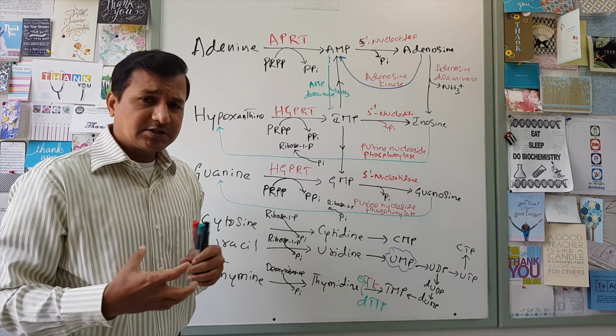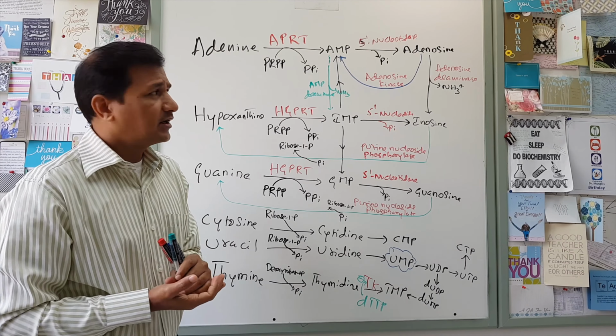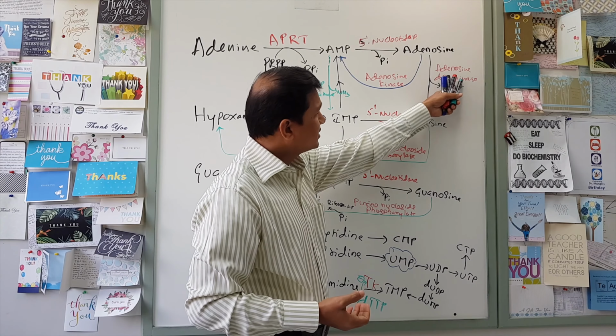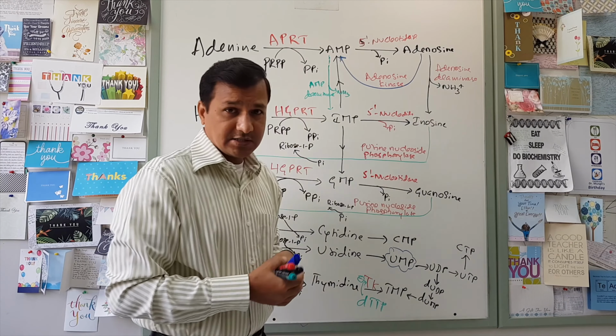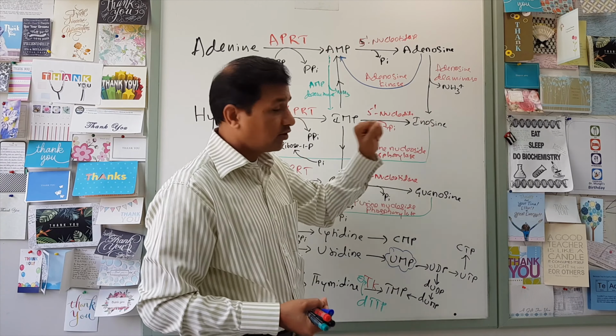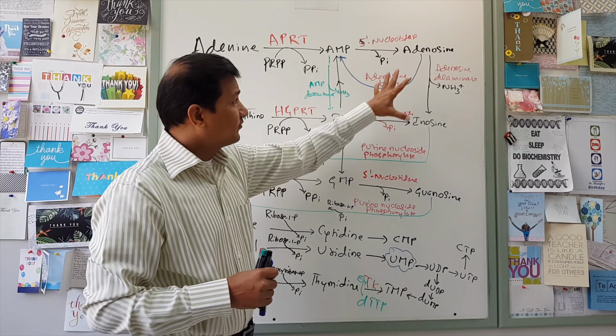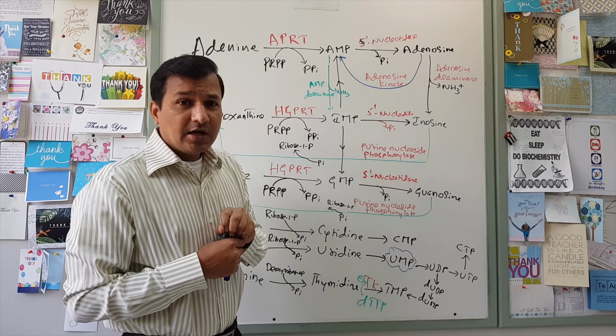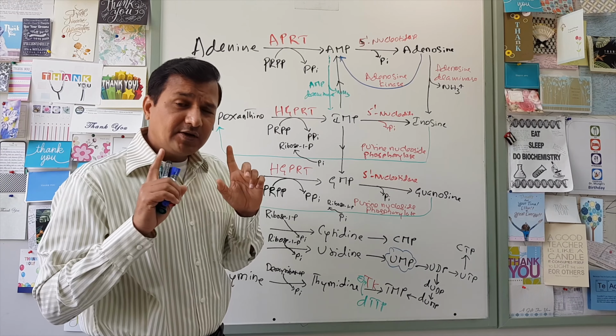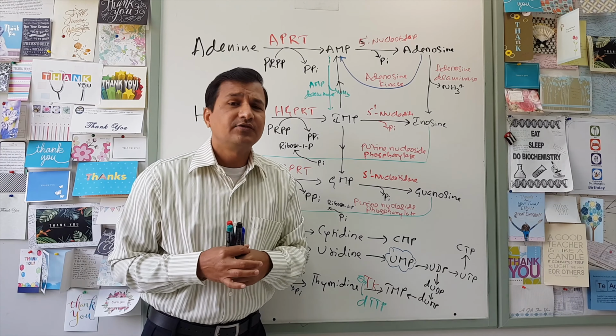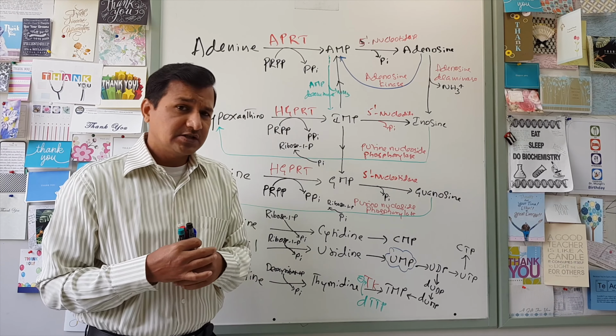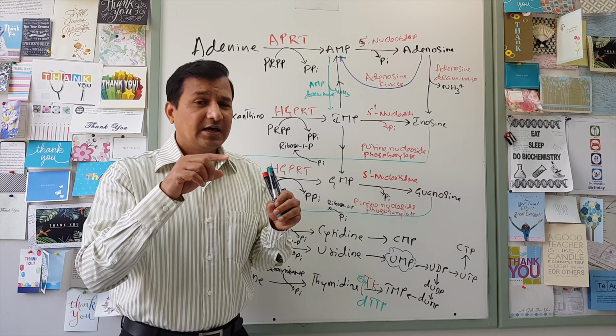One of the applied, clinical aspects here is, what if there is a deficiency of adenosine deaminase enzyme, which converts adenosine into inosine? That will give rise to a disease called severe combined immunodeficiency disorder, that is SCID.